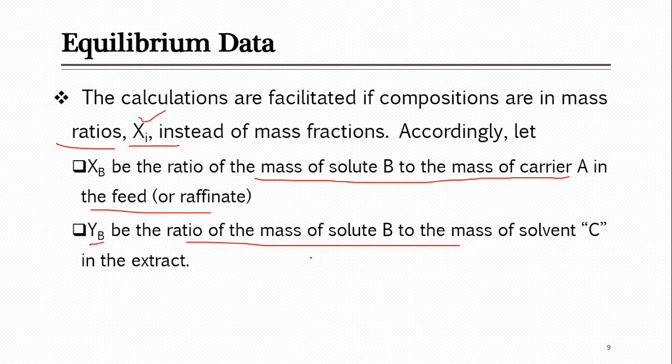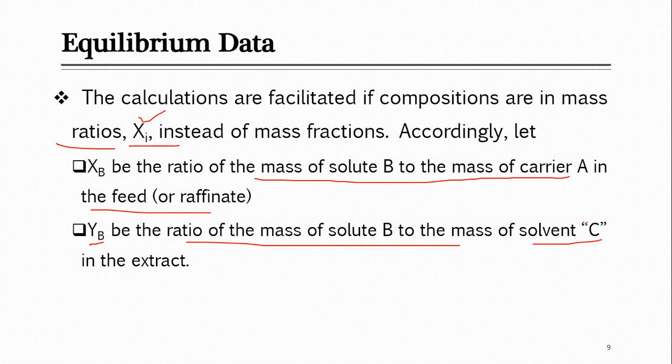So if I want to write it from the start of the system, definitely there is no solute in your solvent C, so this ratio will be 0. But if I look on the other side, the extract side, after this liquid extraction, then definitely this will have some value because that solute is now part of that stream.